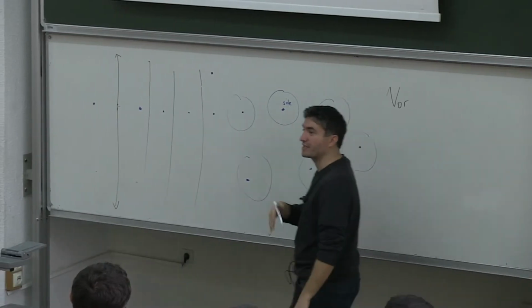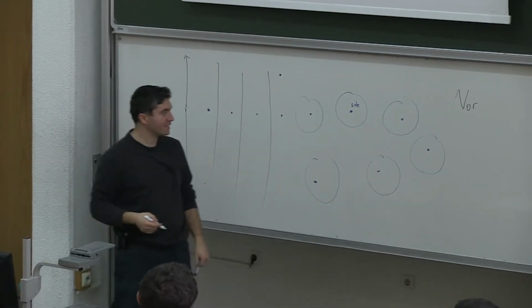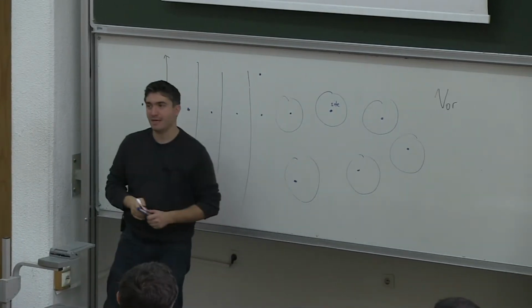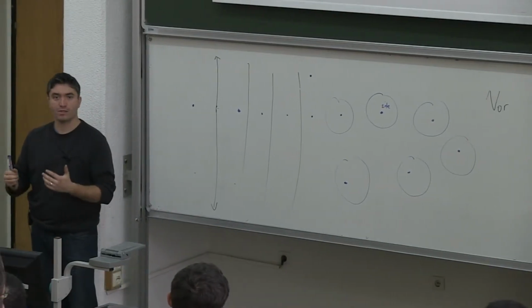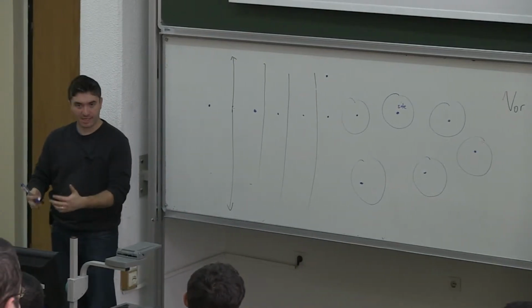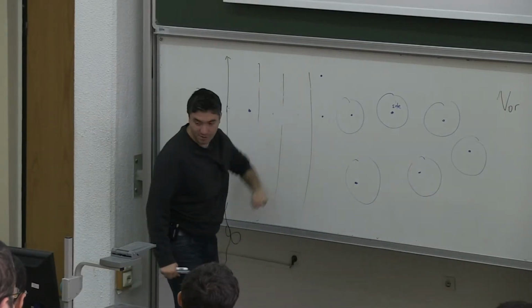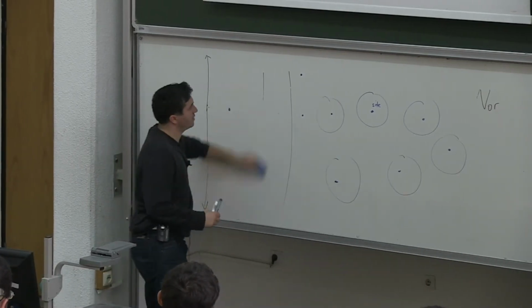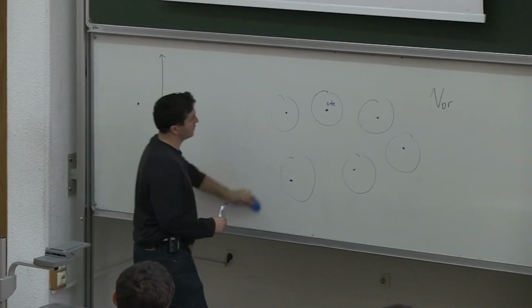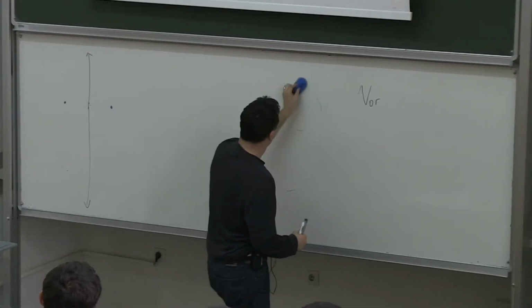It's the Voronoi cell of that site, and that Voronoi cell can actually be computed by intersecting all the half planes that belong to this cell. For example, here let me show a set of points in general position.